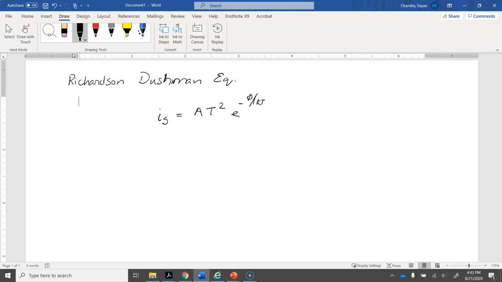So this is your Richardson constant, which is material dependent.